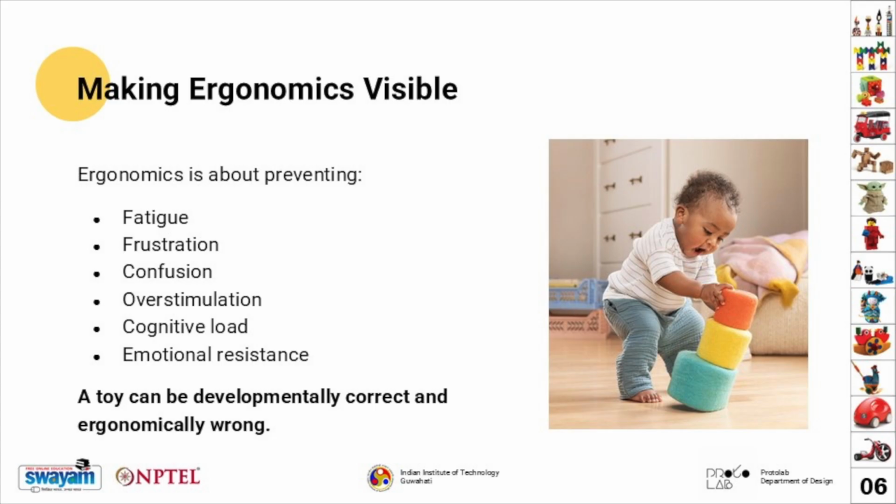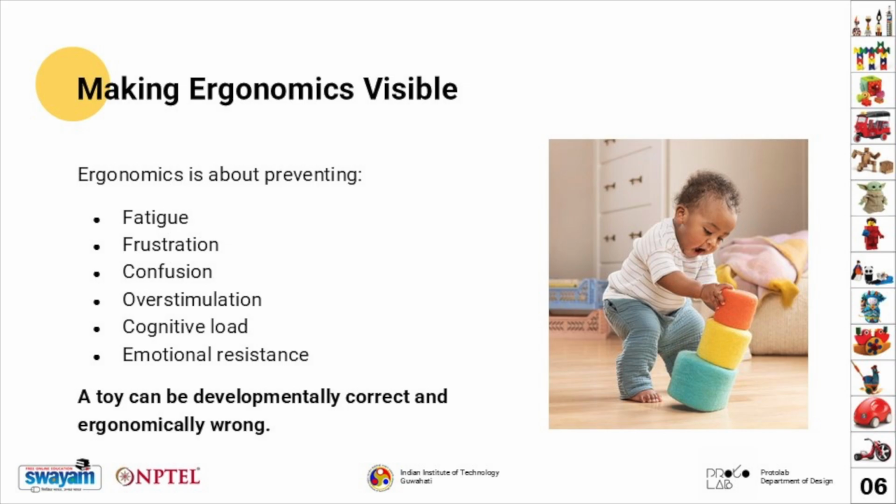Ergonomics becomes visible when things go wrong. When a toy becomes physically tiring too quickly, we see fatigue. When precision demands exceed comfort, we see frustration. When frustration overloads memory, we see confusion.